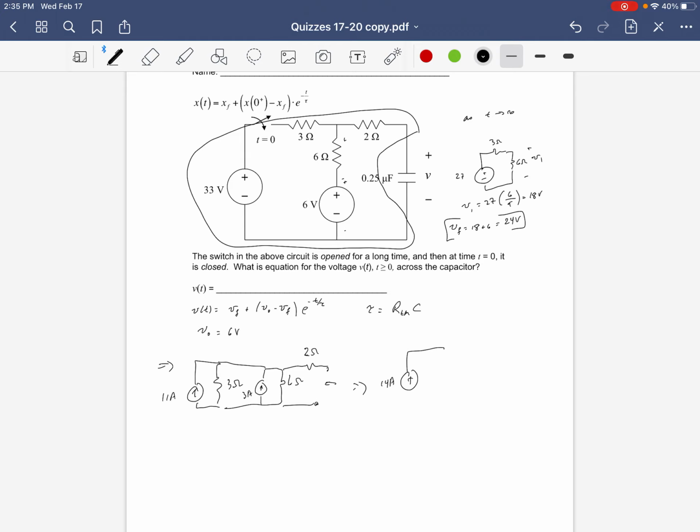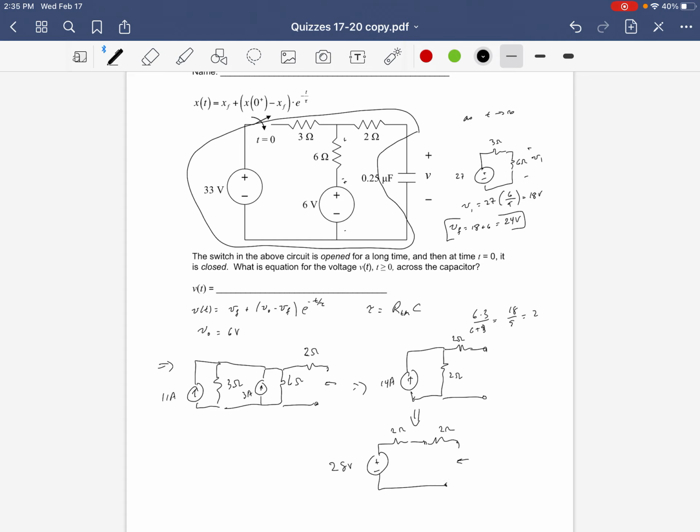And then I've got 6 in parallel with 3. So 6 times 3 divided by 6 plus 3. 18 divided by 9 is 2, so that's a 2 ohm resistor. And then I've got my 2 ohm resistor. I want to find the Thevenin equivalent looking there. So this becomes a voltage source which will be 14 times 2, 28 volts. And then I've got my 2 ohm in series with 2 ohm.